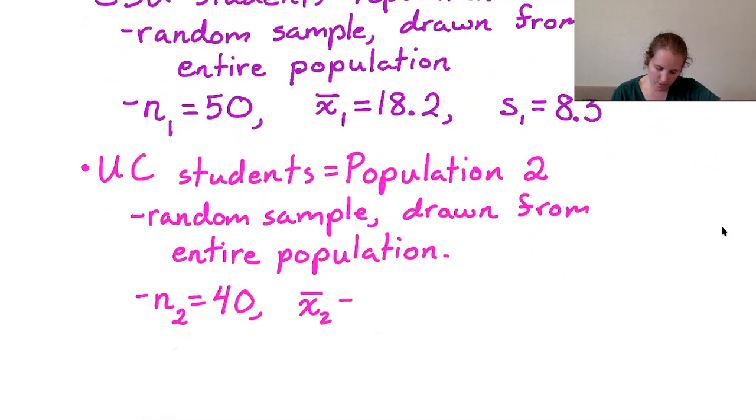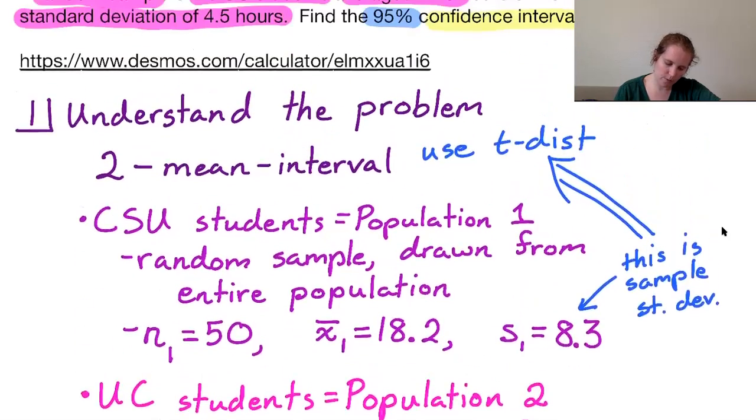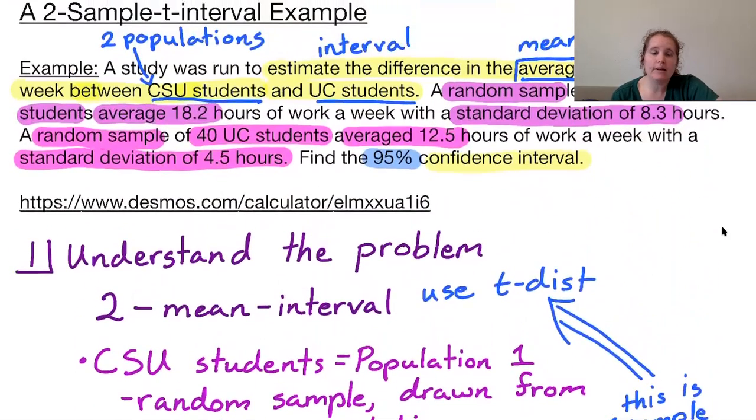X2 bar is 12.5 and S2 is 4.5. So just checking that briefly. In the sentence highlighted in pink, we had a sample of 40 UC students. That's our sample size n2.